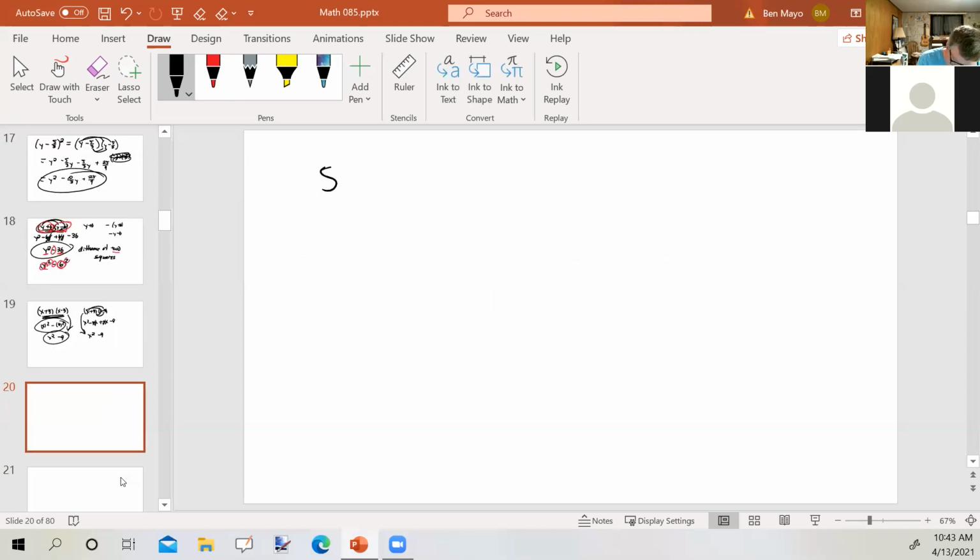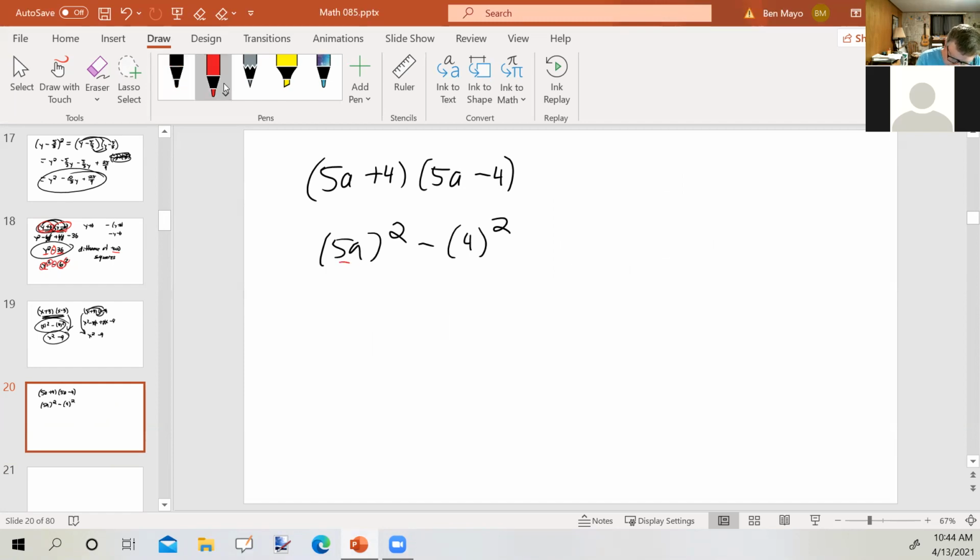All right, let's look at some more of these. Let's say I've got 5a plus 4 times 5a minus 4. So that's a conjugate pair. That's going to be 5a, the quantity squared, minus 4, the quantity squared. Now here, this is a product, so that would be 5 squared a squared, or 25a squared, minus 16.